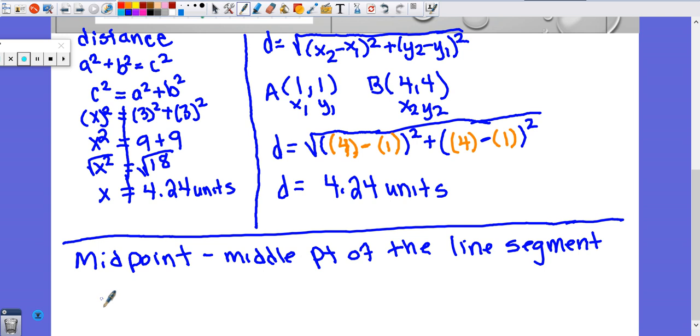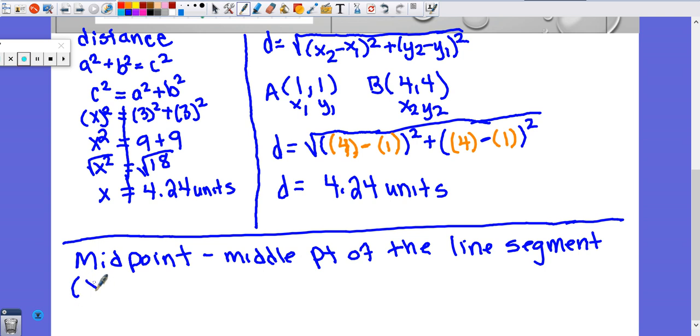And there is a formula that helps you to find the middle, and that is also on your formula sheet. And the midpoint, hold on, I'm not sure if they give you this one on the formula sheet for geometry. But what midpoint means is you're going to have two coordinates.